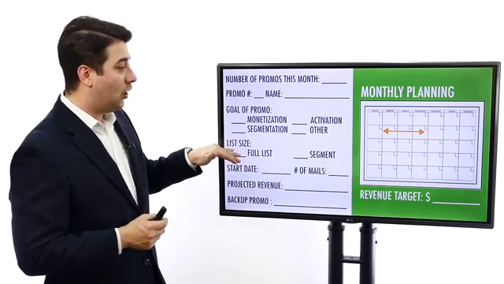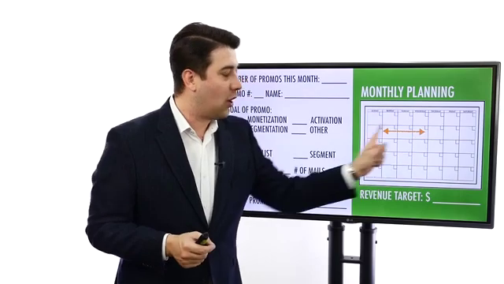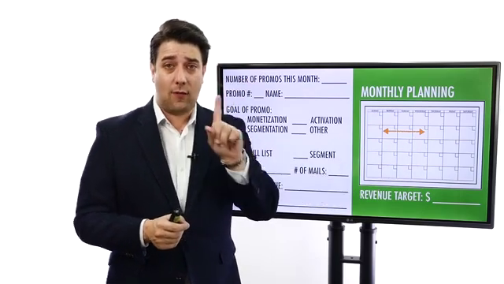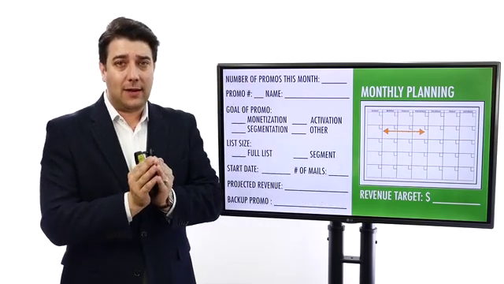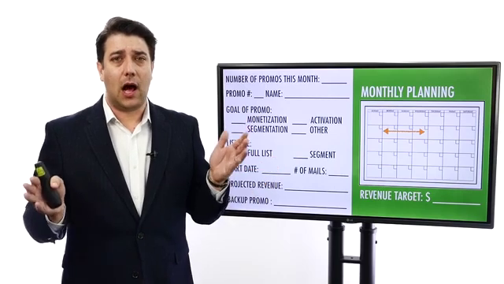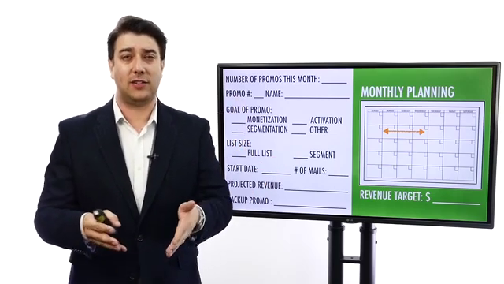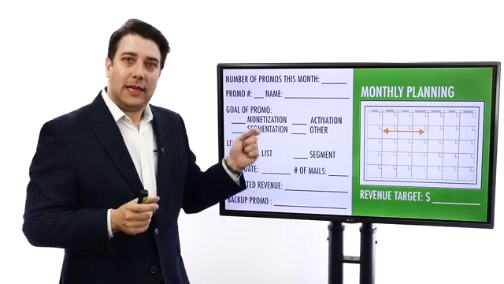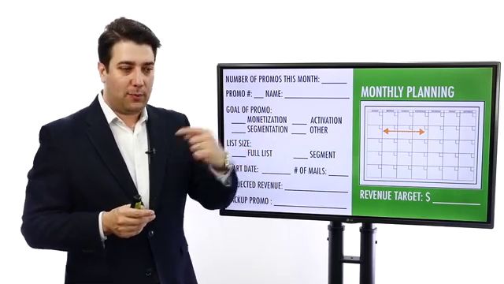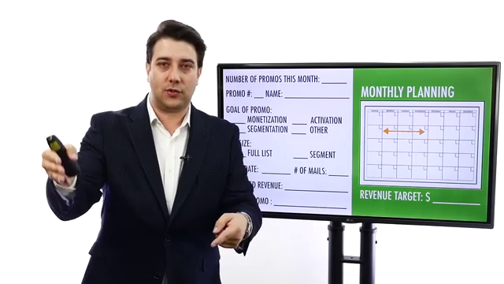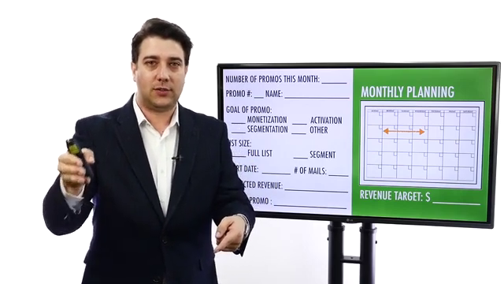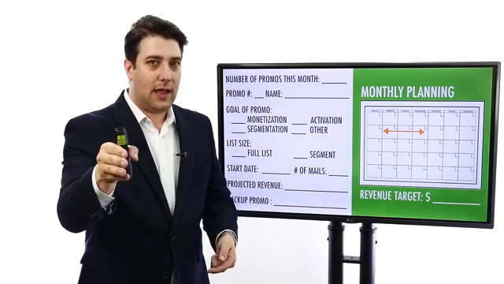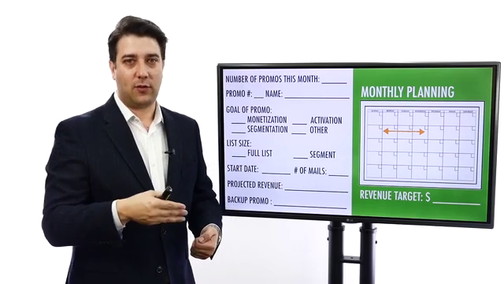And this will also determine how many promotions I have going this week. I may have 1 promotion because I've said this is a big holiday promotion, it's going to my entire database. Or this is a monetization campaign. It's really only relevant to people who have already purchased this product. It's the next logical step in the customer journey. So it's people who have purchased this product, have gone through these triggered campaigns, and have not responded.